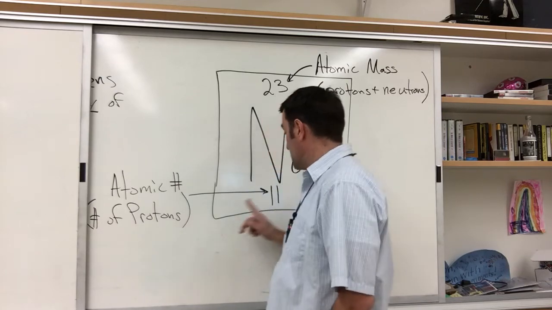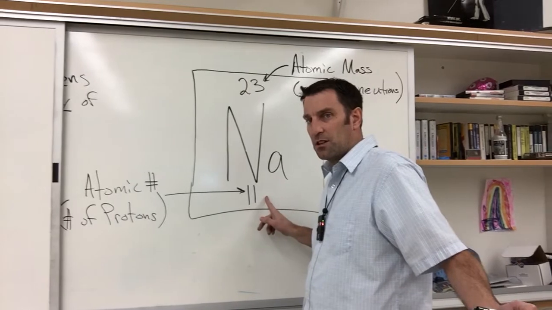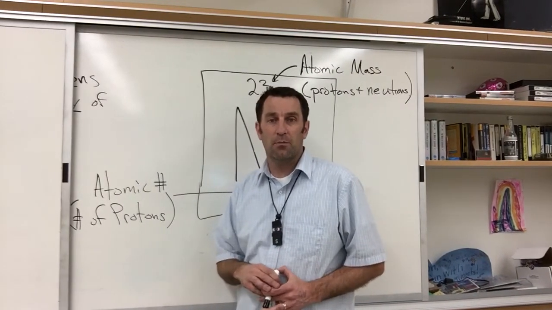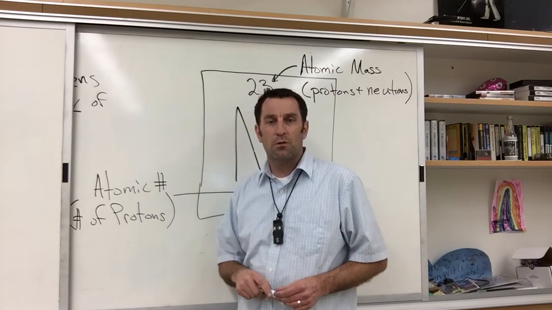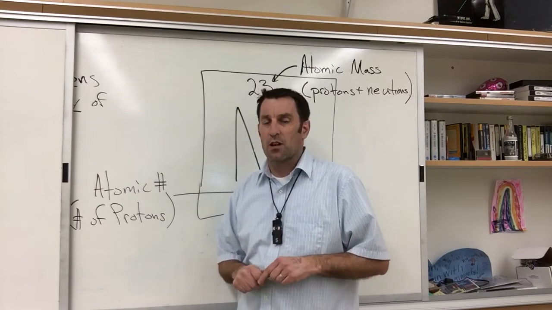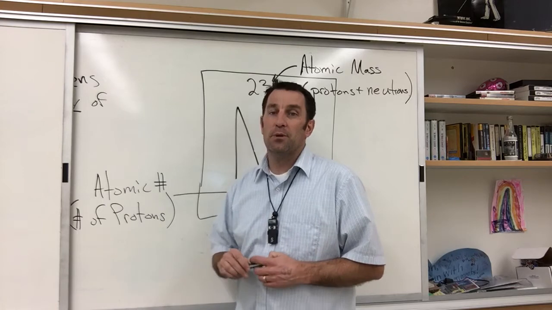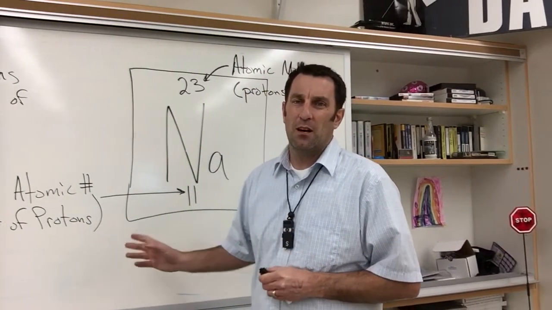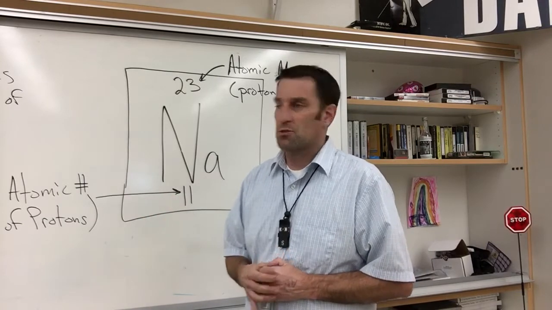So if I change this number, I'm changing the number of protons, and I'm also changing the identity of what I'm talking about. And in chemistry, we don't do that. We can change electrons, we can change neutrons, but in chemistry, we never change protons. That would be a nuclear reaction, and we do chemical reactions in chemistry.